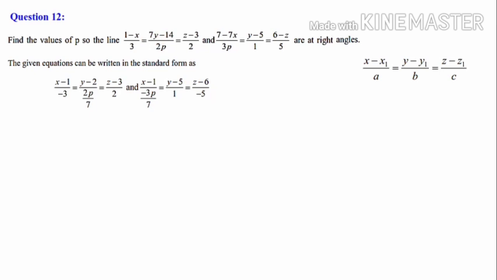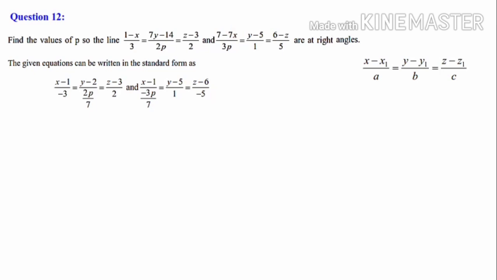So when you divide the numerator and denominator by 7, 7y by 7 is y, and 14 by 7 is 2. Denominator also we have to divide, that is 2p by 7, equal to, this is okay, z minus 3 by 2. So the first equation is in standard form.